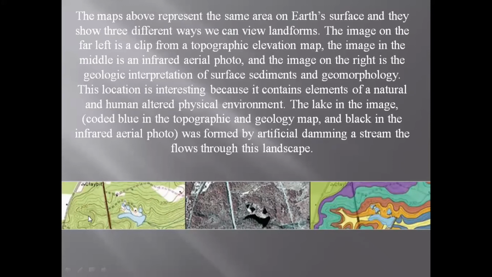This line represents 300. So it can be 300 feet or it can be 300 meters. What does it represent? It tells you the equal elevation areas that are present at this location, and those locations are actually tied down into one line. We call it a contour line.